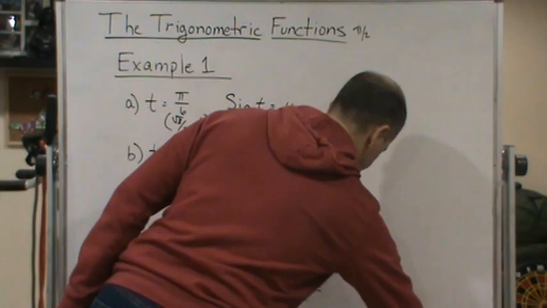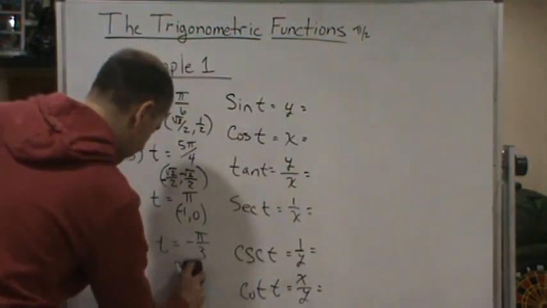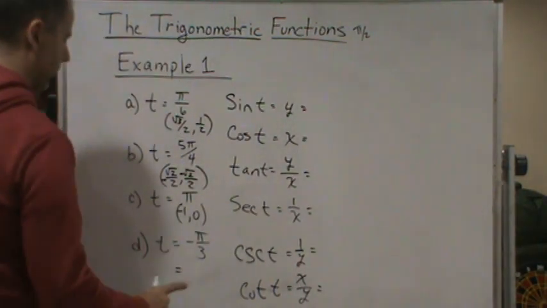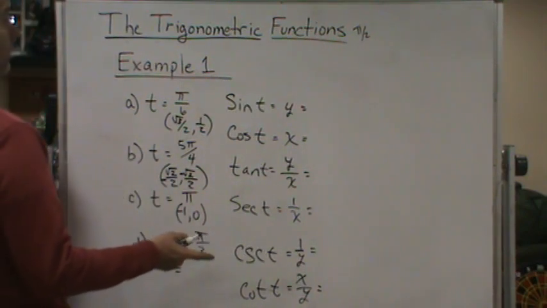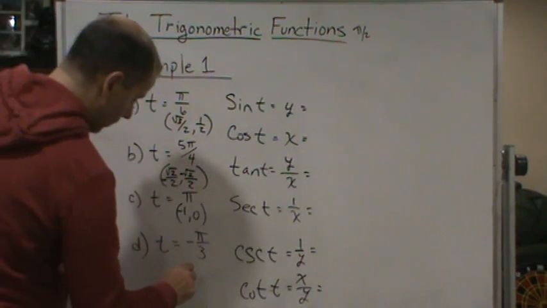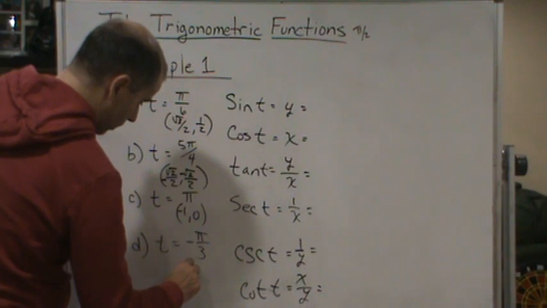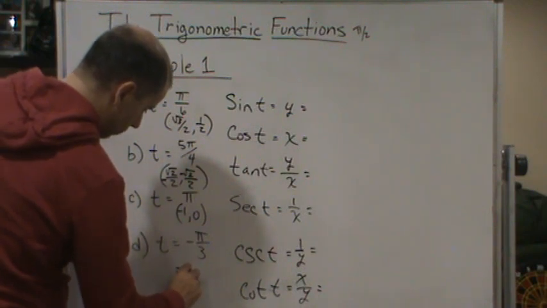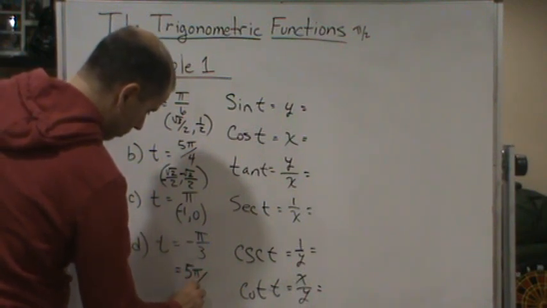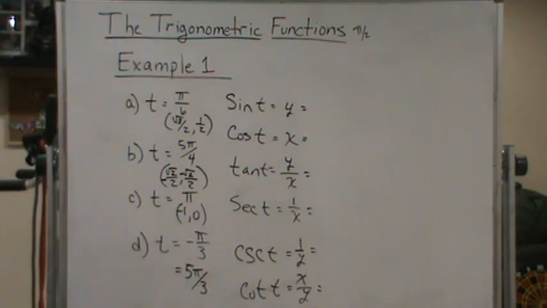No, not 11 pi. I'm thinking 30-degree angle. So that would be 5 pi over 3. Because that would correspond to 10 pi over 6.